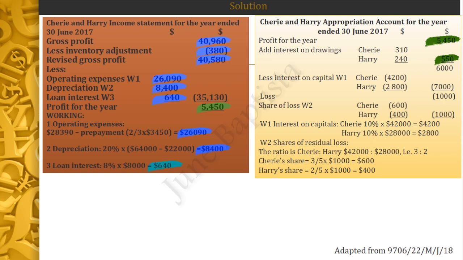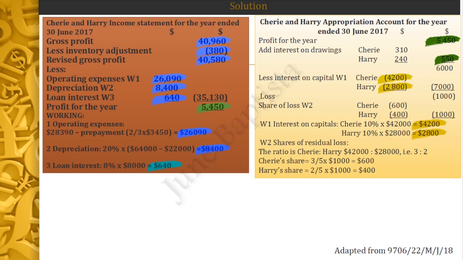Interest on capital, Sherry's capital, 10% of 42,000 works out to 4,200. Interest on Harry's capital, 10% of 28,000 works out to 2,800. On deducting this, we get a loss of $1,000, which is shared as per working 2.